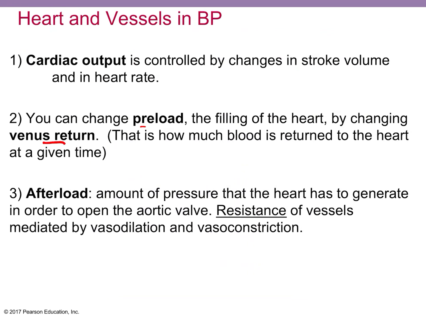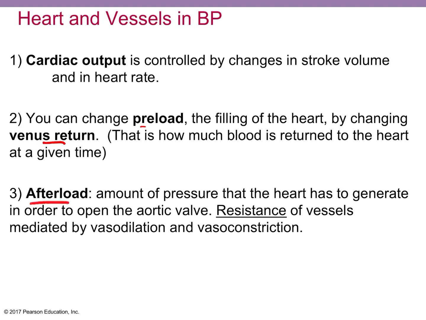And we saw that we can change the amount coming back to the heart by increasing the venomotor tone, and we can do it by increasing things like the fluid in the blood, the amount of fluid. So hormones and the nervous system can work together to mediate your blood pressure, both by the heart itself and by the blood vessels. Blood vessels also affect afterload.